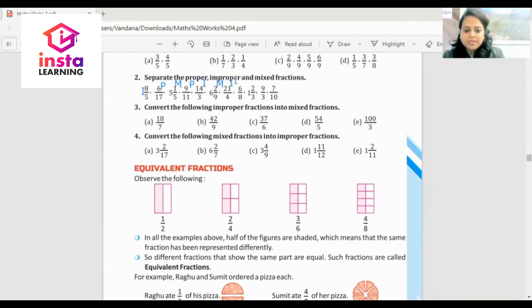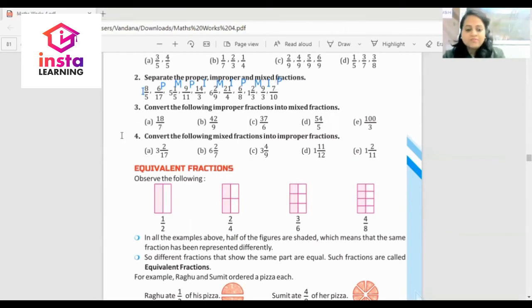Now 6 upon 8, it's your proper fraction. 1 whole number, 2 upon 3, it's your mixed fraction. Now 9 upon 3, improper fraction. And here 7 upon 10 is your proper fraction as the numerator is smaller than the denominator.